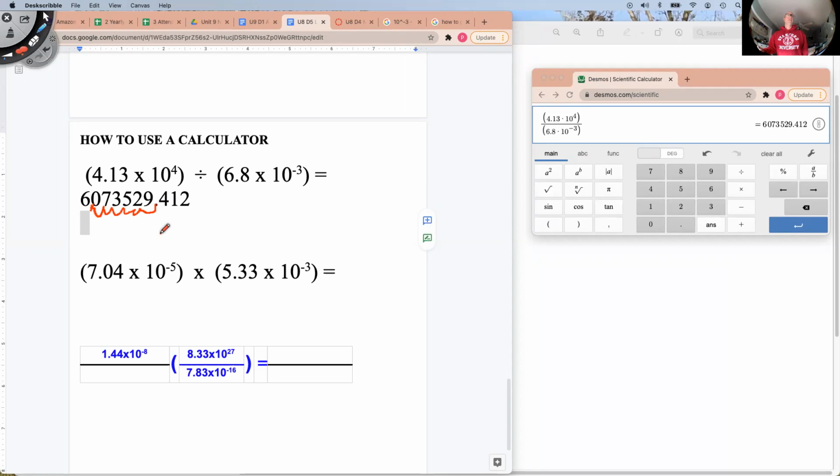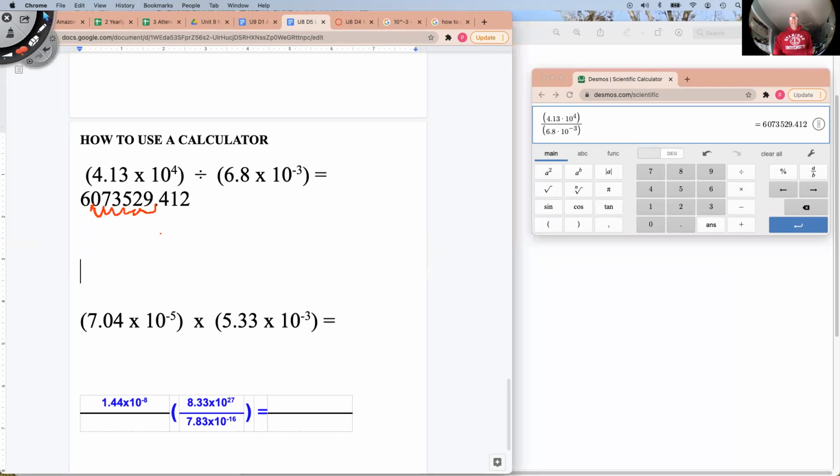So our answer, ladies and gentlemen, is going to be 6.07, okay, times 10 to the what? So we have 1, 2, 3, 4, 5, 6 times 10 to the 6th power.